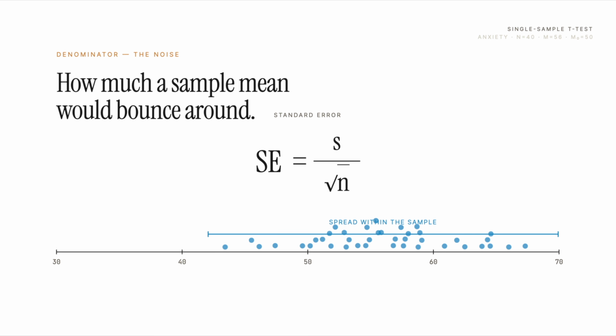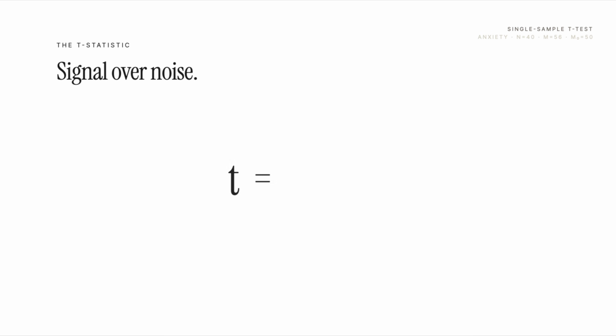With larger samples, the standard error is smaller. You get more stable estimates. With more variability within your sample, the standard error is larger. So the formula is t equals M minus mu-zero, divided by s divided by the square root of n.